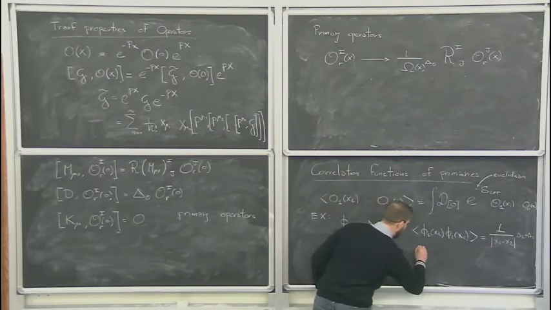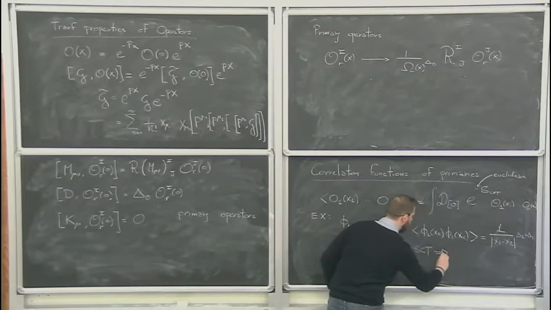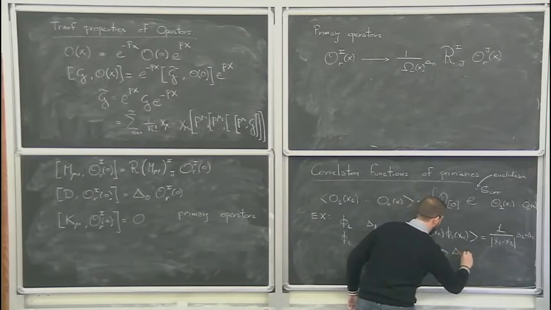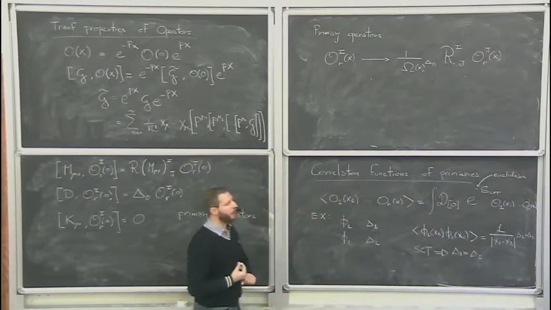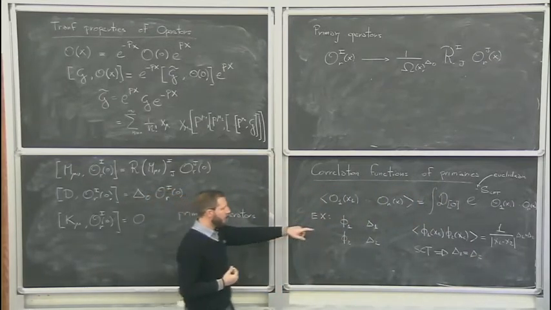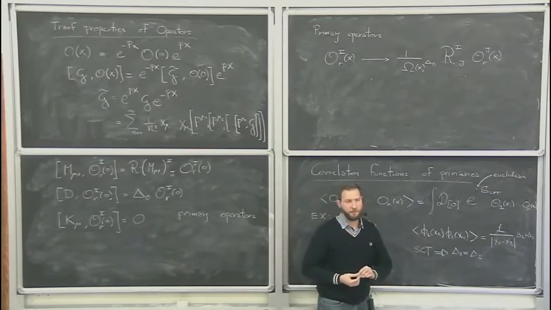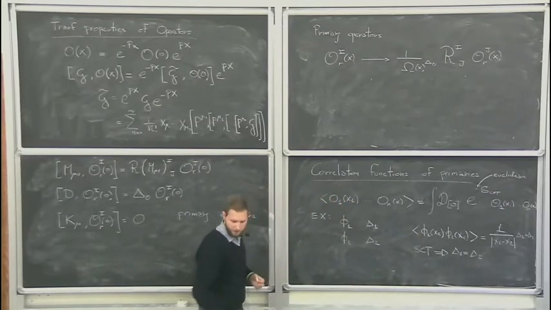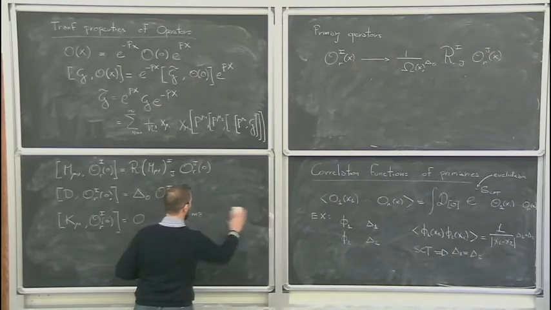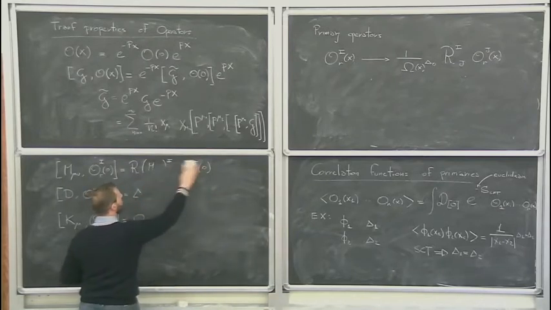So special conformal transformations imply that delta 1 must be equal to delta 2. And if this is not true, then the two-point function of two scalar fields has to be 0. So how do we prove that? Well, we just impose the right transformation properties.